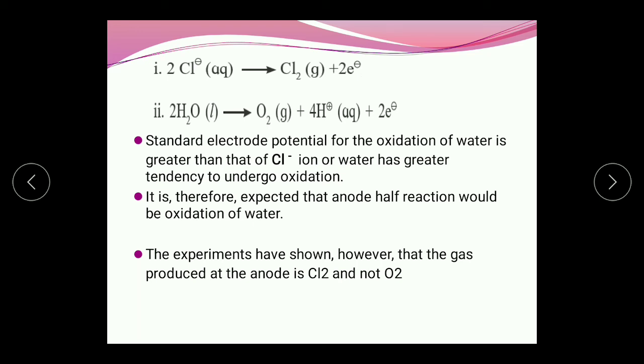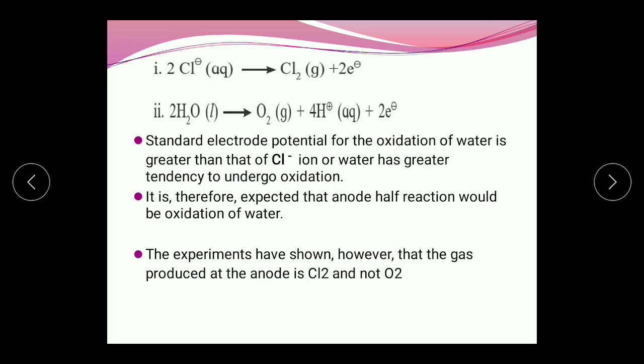If we carry out the experiment repeatedly, those experiments have shown that the gas produced at the anode is chlorine and not oxygen. Both gases could be produced, but when we observe actual results, the gas released at the anode is chlorine and not oxygen.